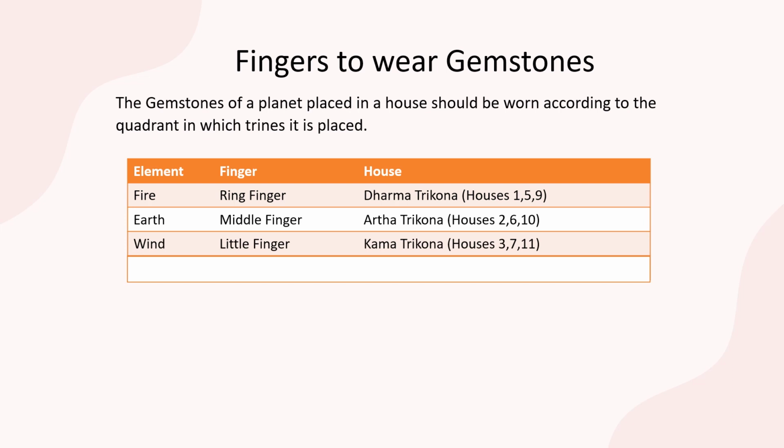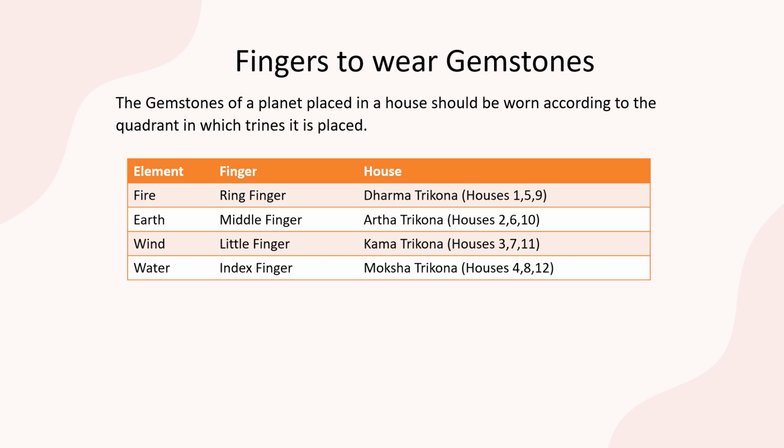Now, the air element is represented by your little finger, which represents the Kama Trikon, that is 3rd, 7th, and 11th house. The water element is represented by your index finger, and it represents the Moksha Trikon, that is 4th, 8th, and 12th house. So gemstones related to the lord of the 4th, 8th, and 12th house you'll wear on the index finger.